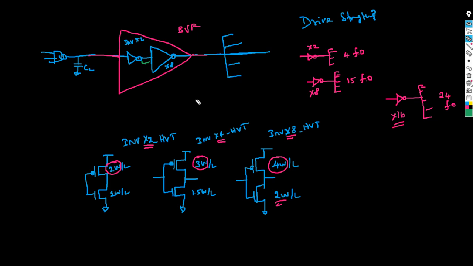Can you think of some cells where you feel that you needed two stages, where the first stage can be smaller and the second stage bigger?